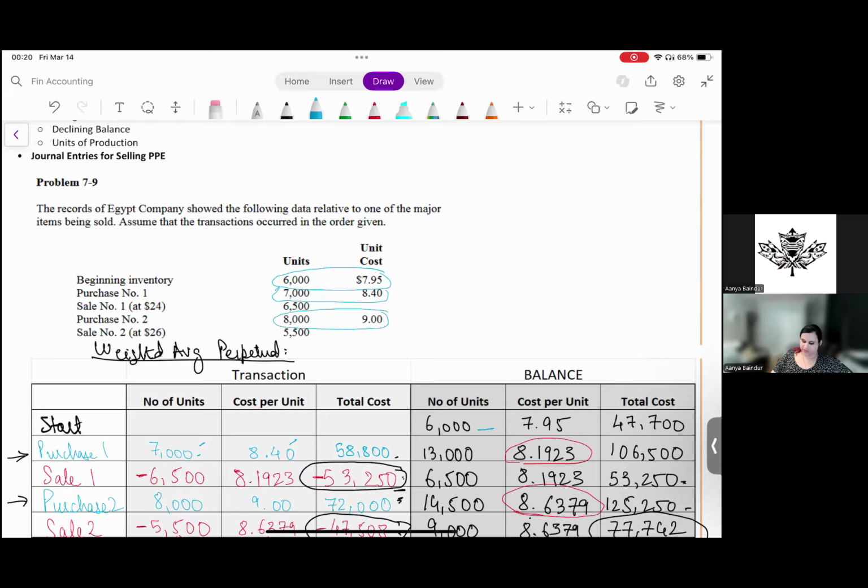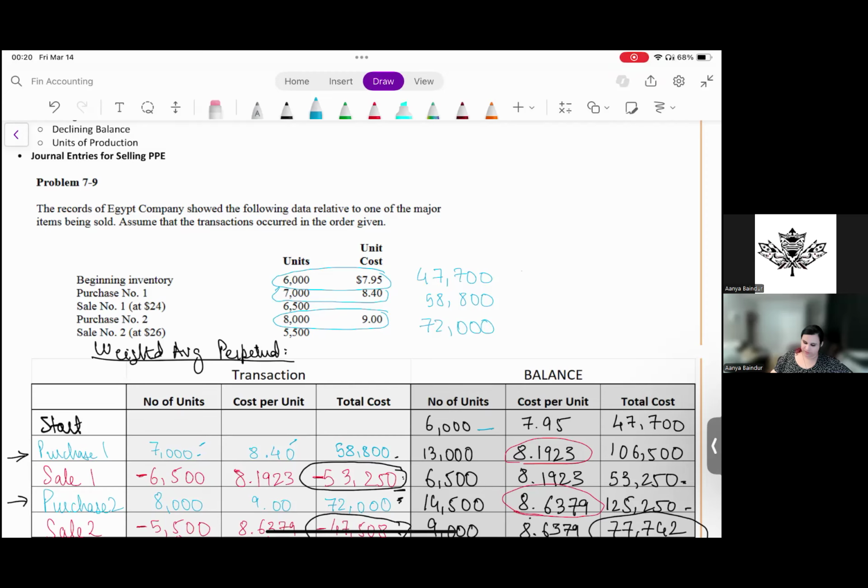So let's see what's the value of these goods. 6,000 times 7.95 gives us 47,700. Then next one is 7,000 times 8.4, which gives us 58,800. And lastly, we have 8,000 times 9, which gives you 72,000.